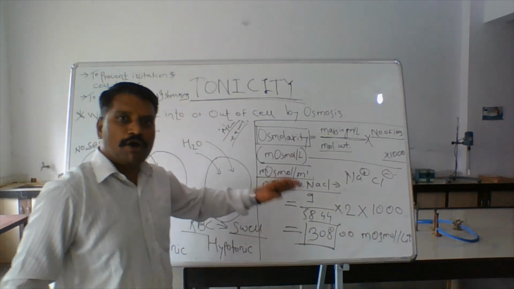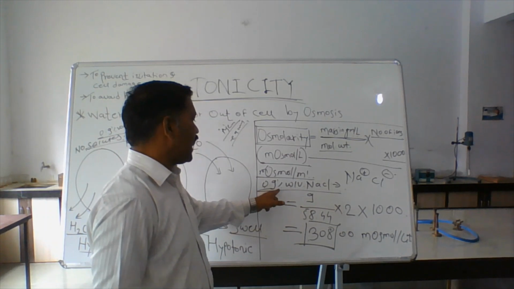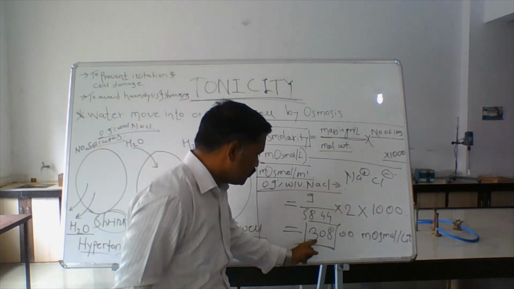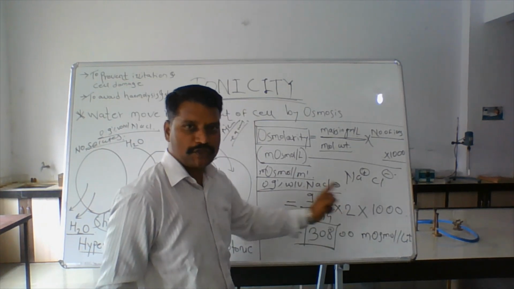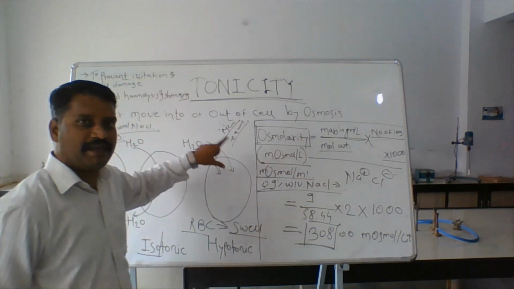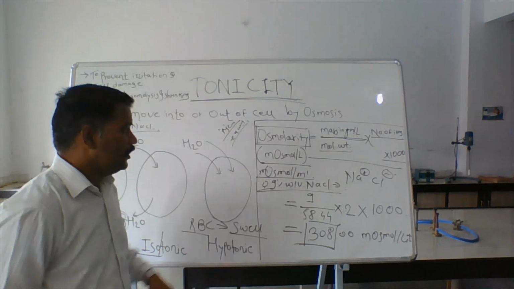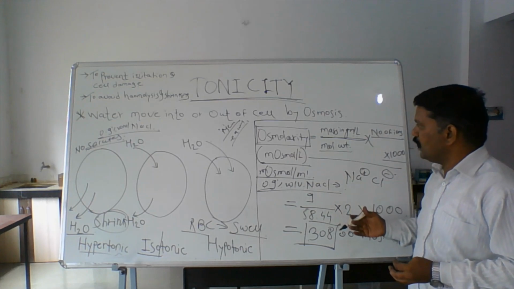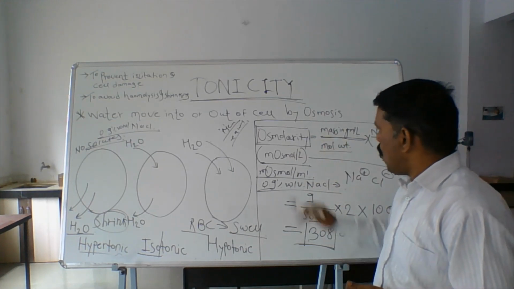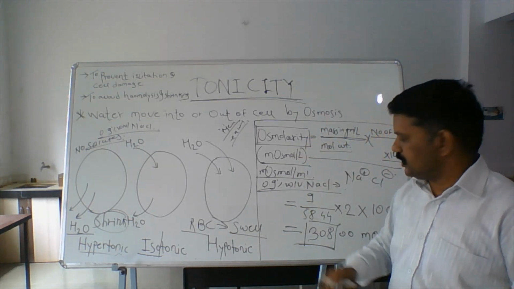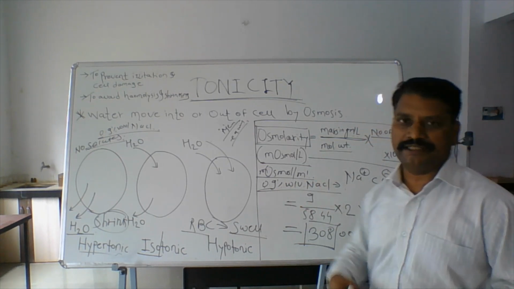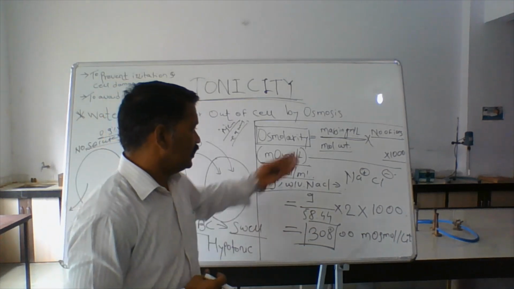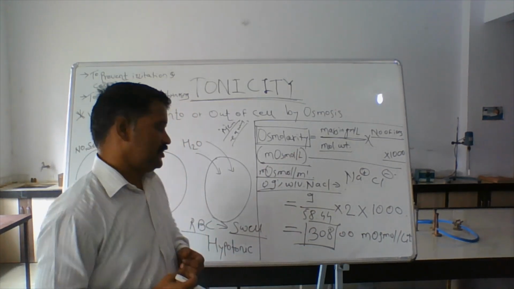So the osmolarity of 0.9% weight by volume sodium chloride is 308 milliosmol, which is isotonic with the blood. This is the formula for the calculation of osmolarity of 0.9% sodium chloride. Dextrose or boric acid can also be used to adjust the tonicity of the injection.